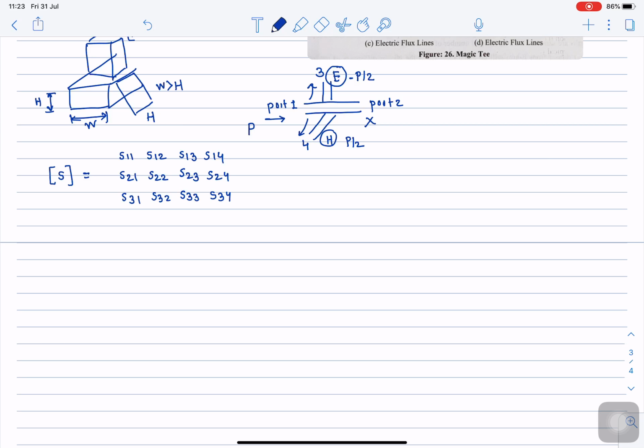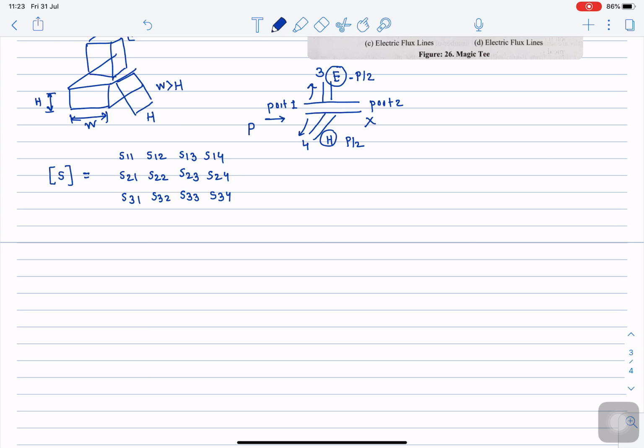And finally the fourth row, S41, because it has 4 ports, S42, S43 and S44. We need to find all these scattering parameters. That is our job, or that is our aim.